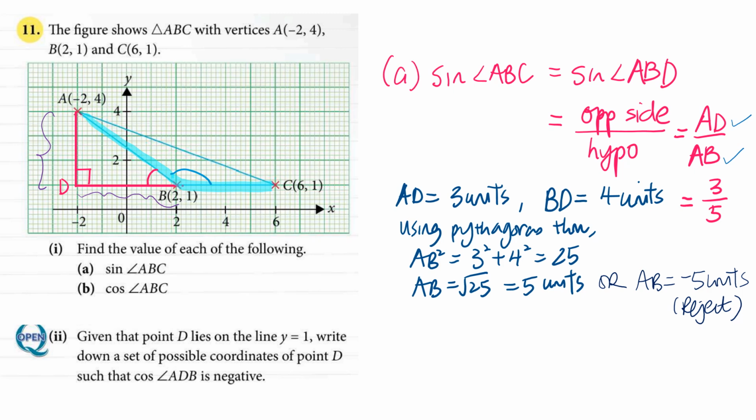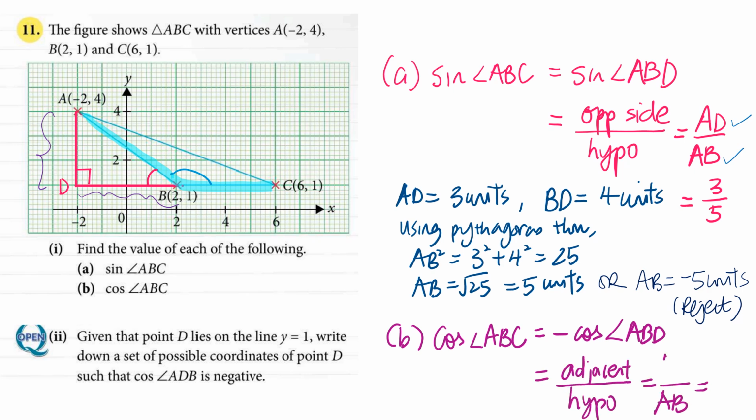So how about the ratio for cosine angle ABC? The ratio for cosine angle ABC is the negative of cosine ABD. To find the ratio for that, it's adjacent over hypotenuse, which is BD over AB, which is -4/5.